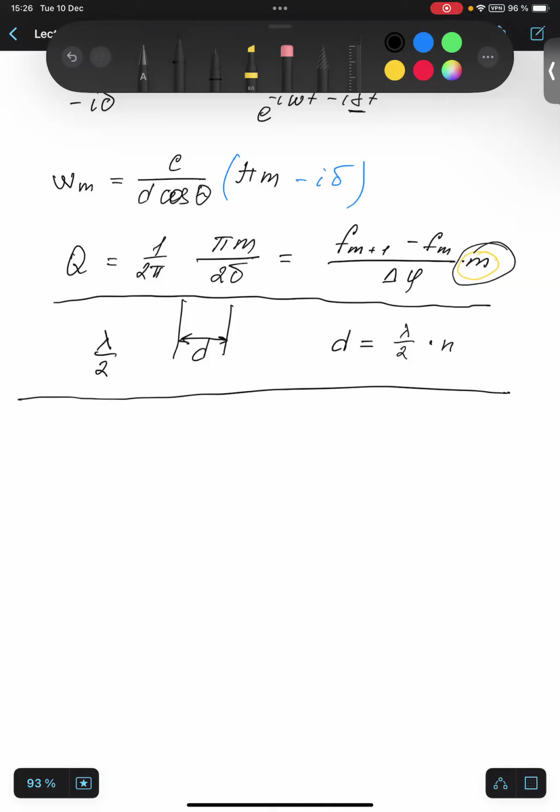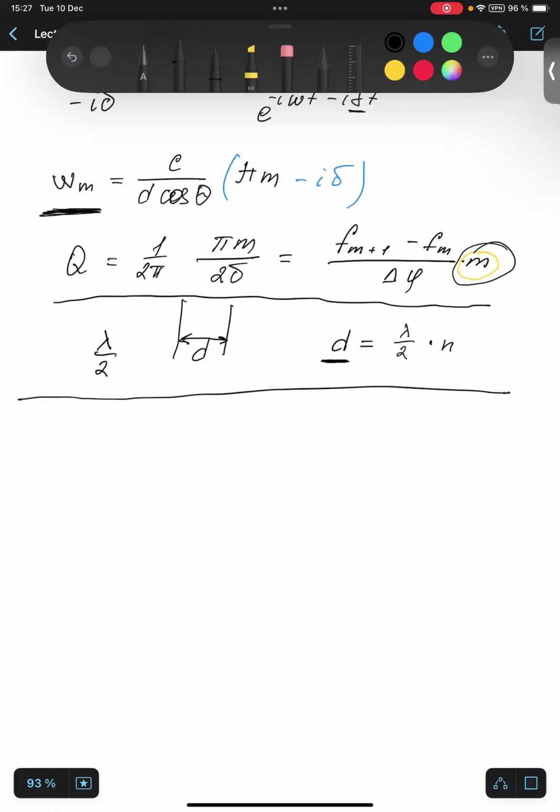When you increase m, you increase the frequency. When you increase frequency, the wavelength decreases. But the length of the resonator is fixed. So now more half wavelengths fit in our resonator.